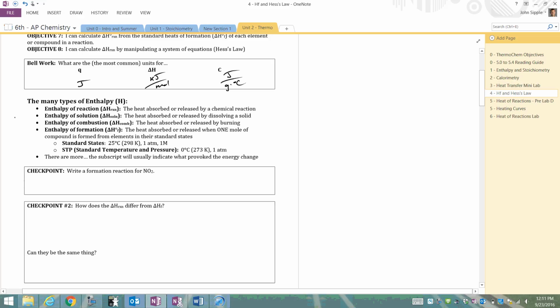So all of the units for these are going to be the same. They're all kilojoules per mole, all right? Now, the one that you can look up in the book is this heat of formation one, okay? That's the one that is slightly different from the rest in terms of its definition, all right?